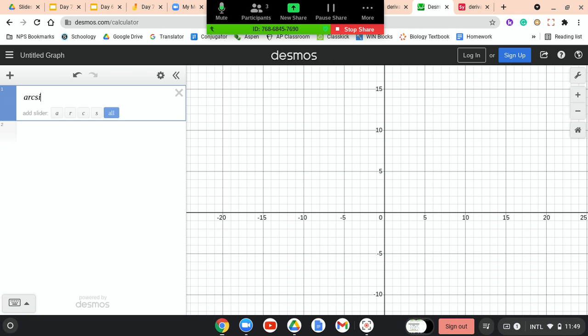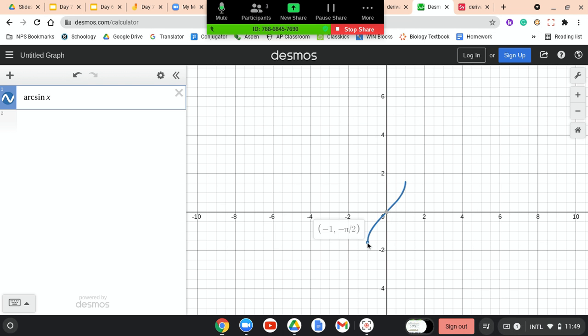Yep. So like arcsine, even though arcsine should wiggle up and up and up forever, because it's the inverse of sine, it only looks like this because we restricted its range. So would you agree we can find the derivative of this function because it's a function? So we can find the derivatives of inverse trigonometric functions, and we'll do that tomorrow, I think.